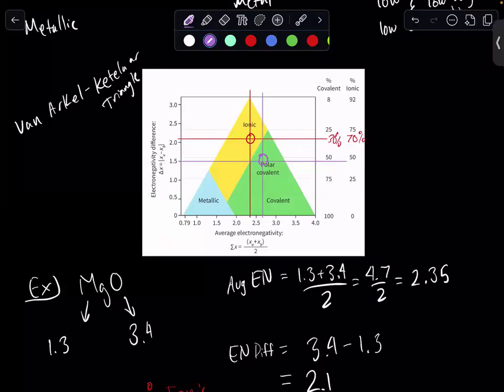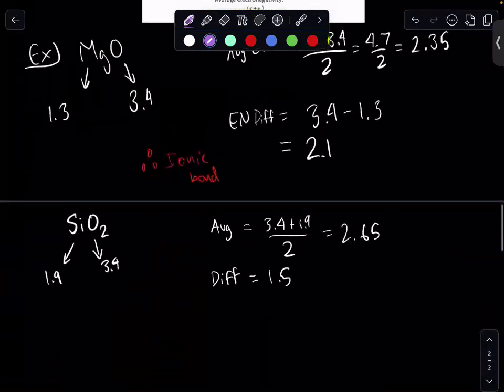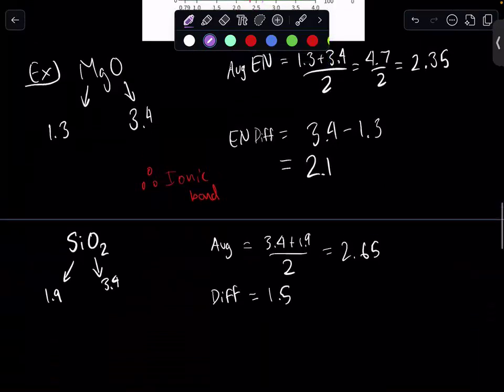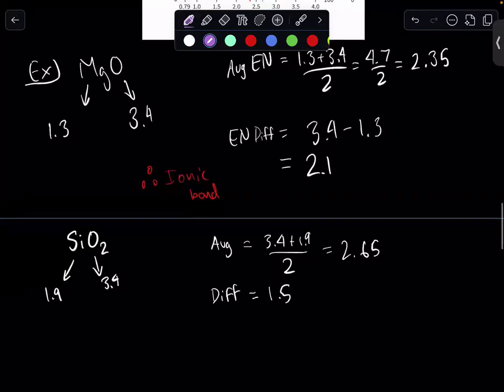This is now a polar covalent bond. You'll notice though that it is about 50-50 covalent ionic, which means we're going to start noticing that it acts more ionic than something that would be down here at the bottom, like an oxygen molecule. Silicon dioxide might be hard and brittle, like glass, while other covalent compounds like glucose do not act like that.